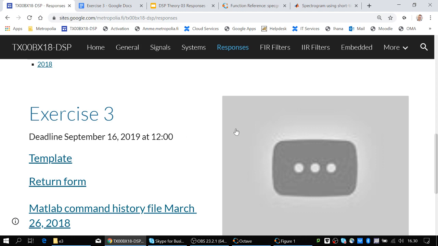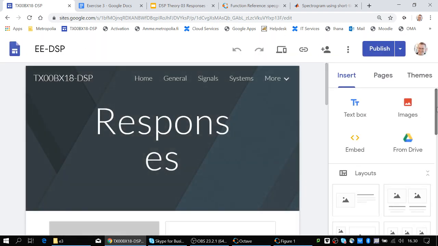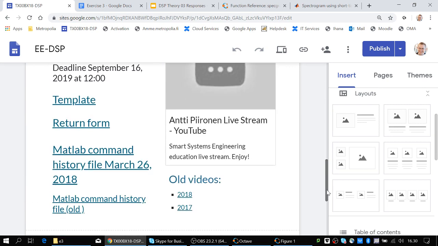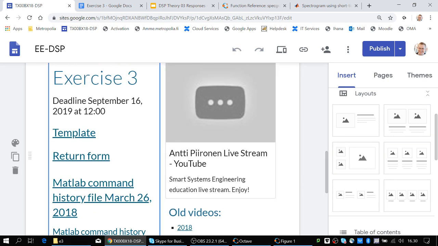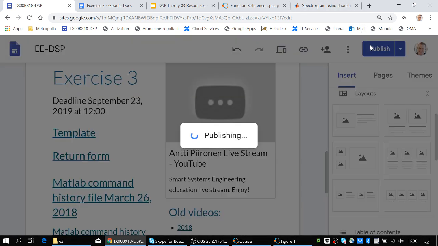September. Okay, let me change that one immediately. So next week I'm not here, so I'm probably not reading the exercises either. Usually I don't have any time, so that will be 23, that is right, one week further. I will also change the deadlines for the following exercises.